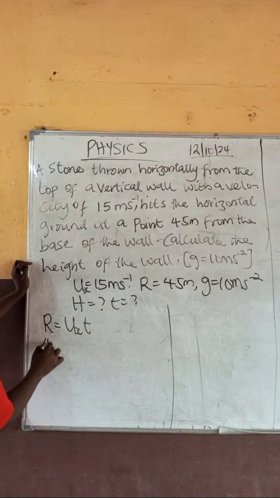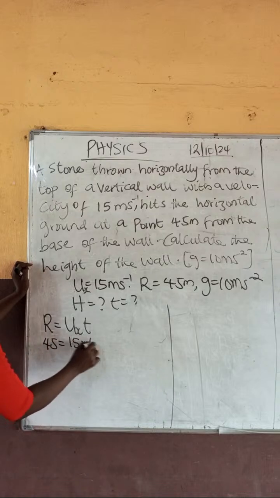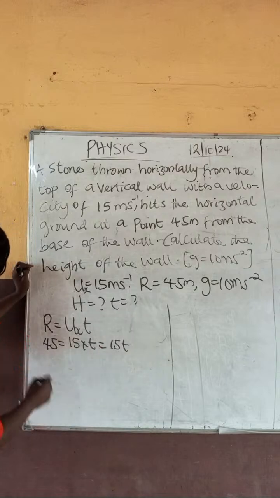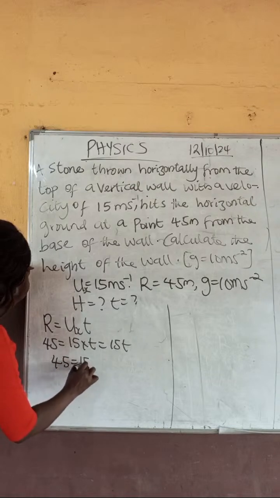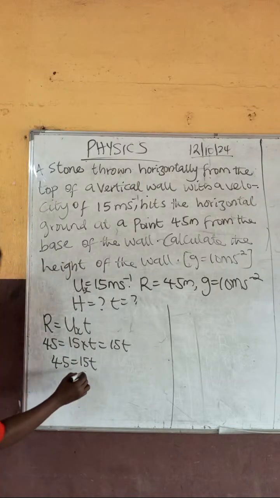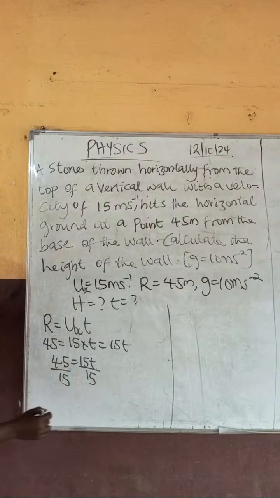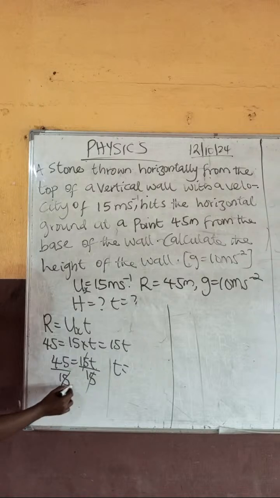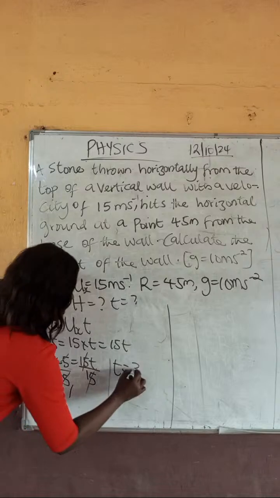My R is 45, equal to 15 times t. So 45 is equal to 15t. Then I divide both sides by 15. This cancels, to be left with t. 15 into 45, I have 3. So the time is 3 seconds.